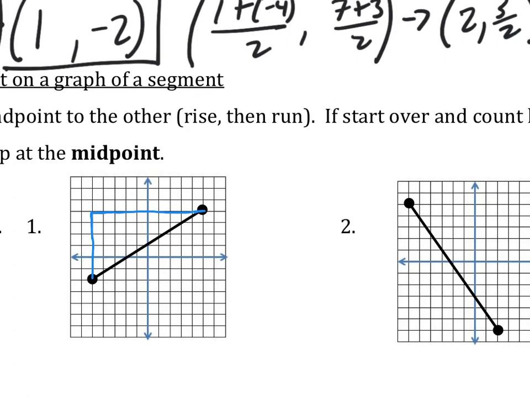So if we're on a coordinate plane and our sides are integer values, so they line up perfectly with the grid, we can find our midpoint that way. The way we're going to do that is we're just going to locate the midpoint of each of these pieces of our triangle. So this is 3 units from either side there, so that's my midpoint.